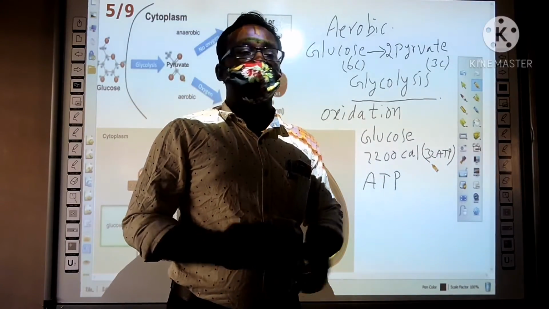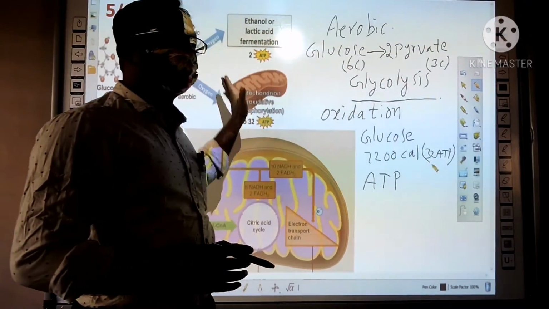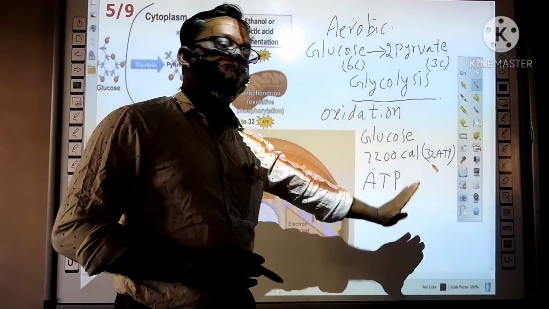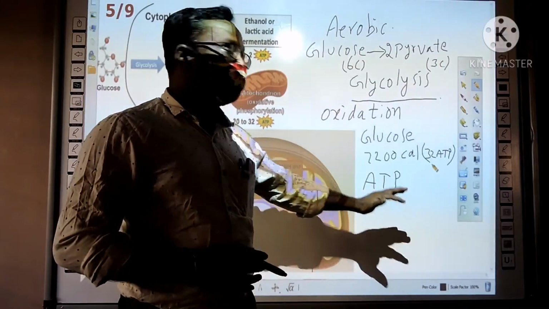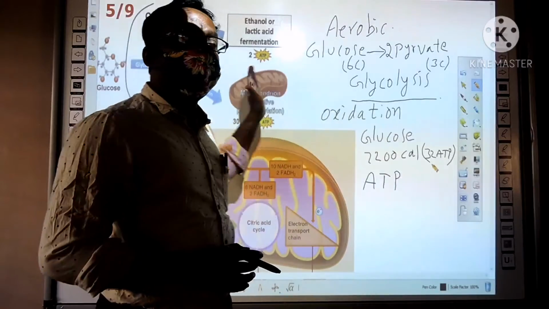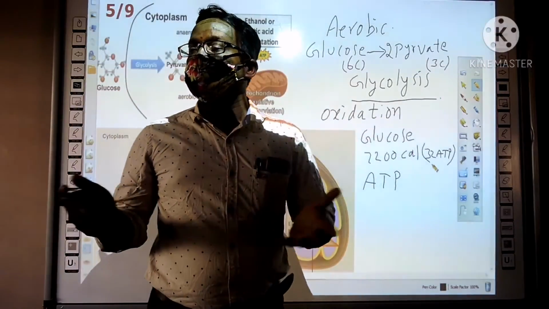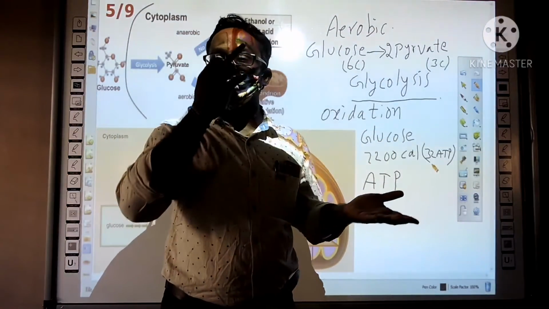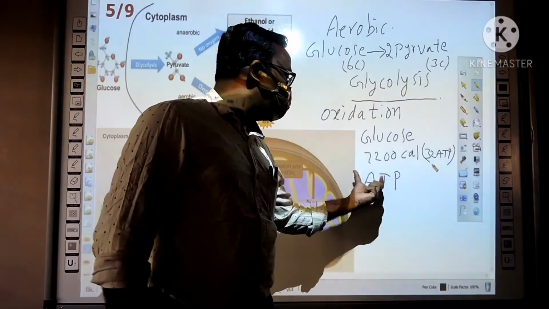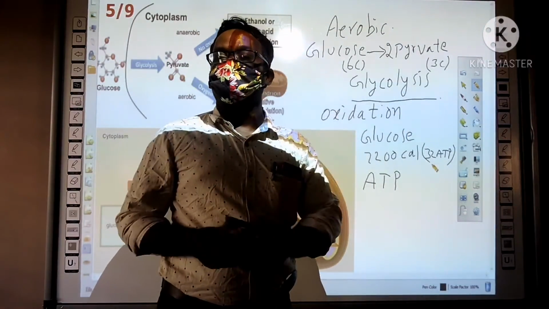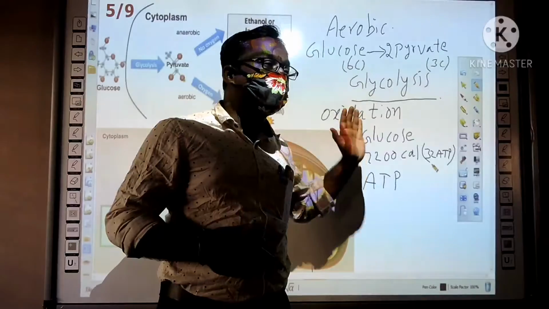So since the mitochondria is producing energy and storing energy in ATP, that's why mitochondria is known as the powerhouse of the cell. So ATP is storing the energy. That's why it is the energy currency of the cell.